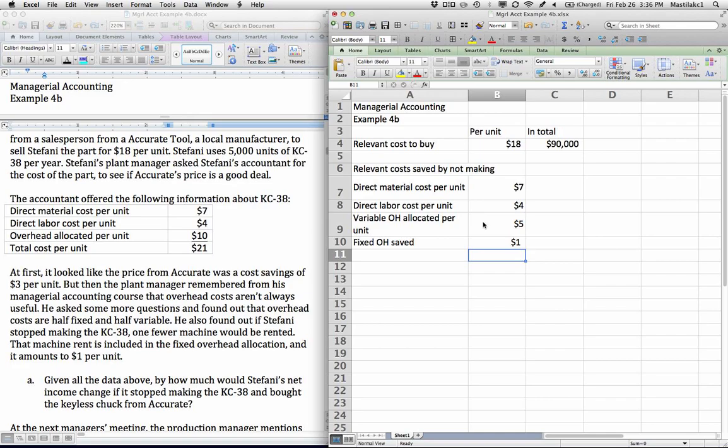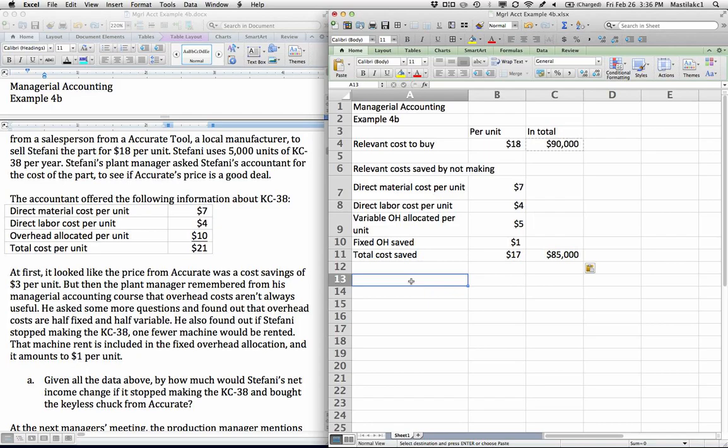And so we're going to save $1 per unit of fixed overhead. So in total, we're going to save $7, $4, $5, and $1, or $17 of cost. For the 5,000 units, it'll be 5,000 times the 17, or $85,000.